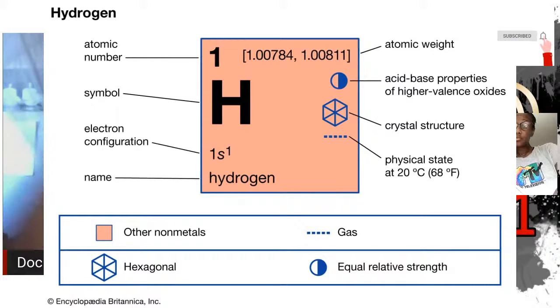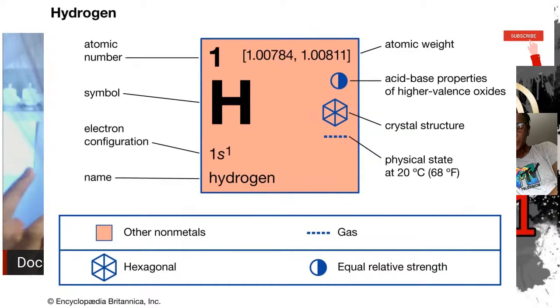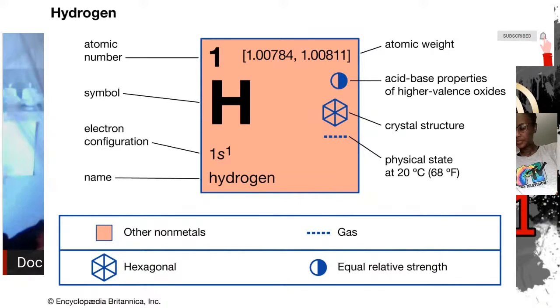There are actually three different forms of hydrogen, and they all exist at the same time, so the atomic weight is going to vary. The 1.00784 is what you get if you estimate how much hydrogen is in the atmosphere and take the average of how many times you find any given isotope.